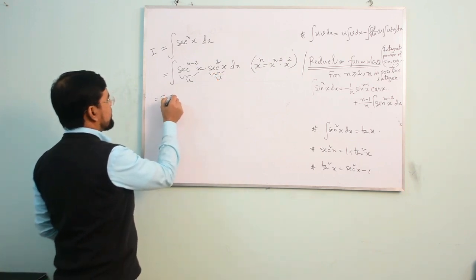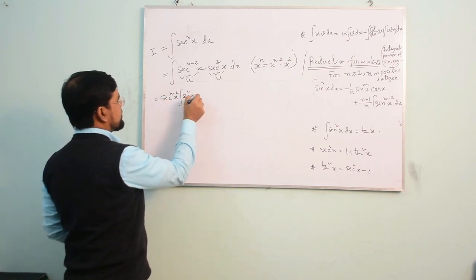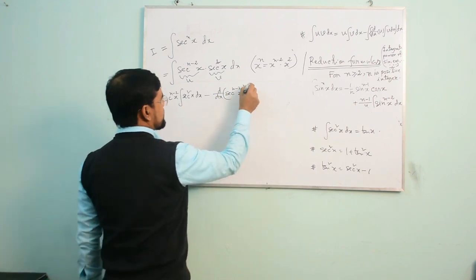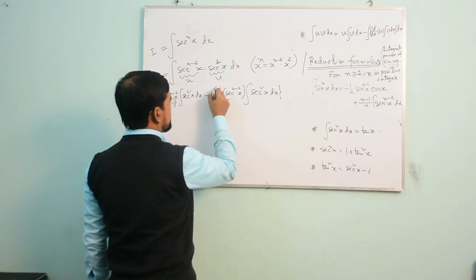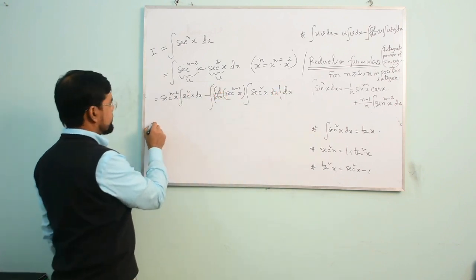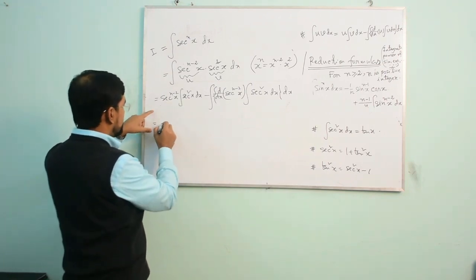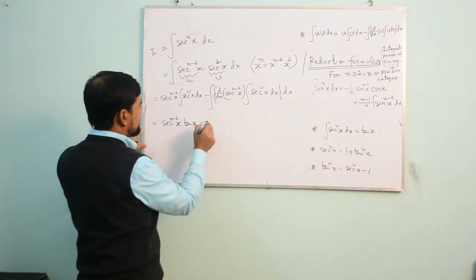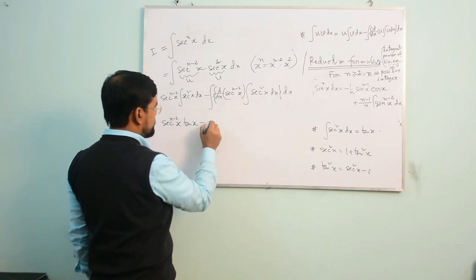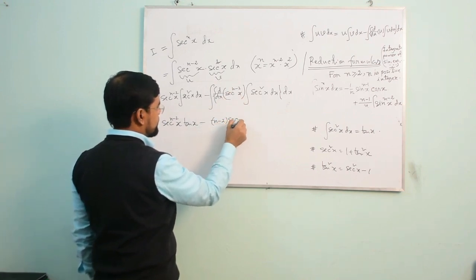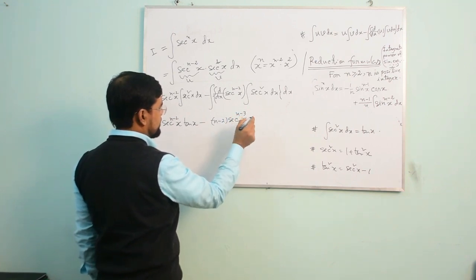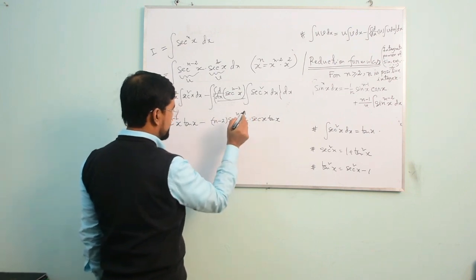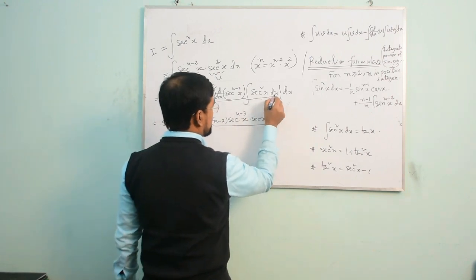So sec^(n-2) x times integration of sec^2 x, minus the integral of the derivative of sec^(n-2) x times the integration of sec^2 x. Since integration of sec^2 x equals tan x, it will be sec^(n-2) x tan x minus integration of the derivative of sec to the power n minus 2, which equals (n minus 2) into sec^(n-3) x, and the derivative of sec x is again sec x tan x. So the derivative of sec to the power n minus 2 equals this, and integration of sec^2 x equals tan x.